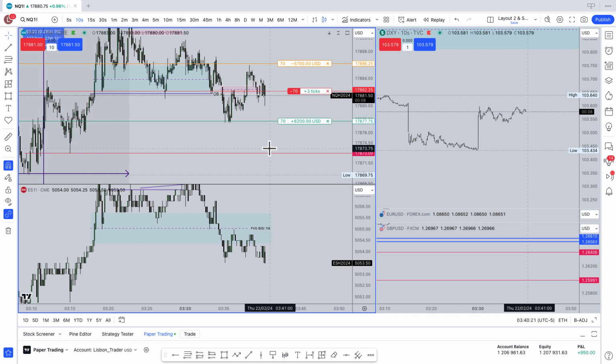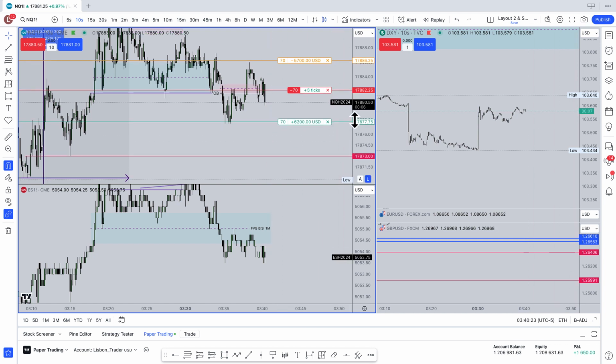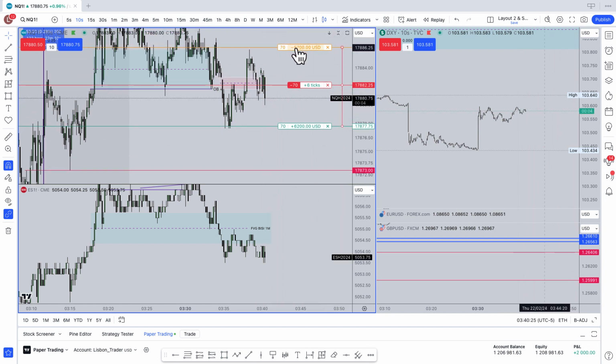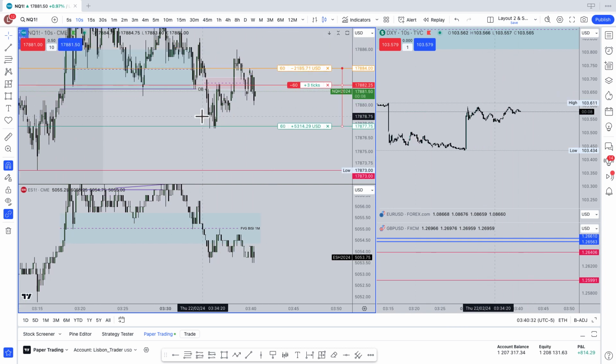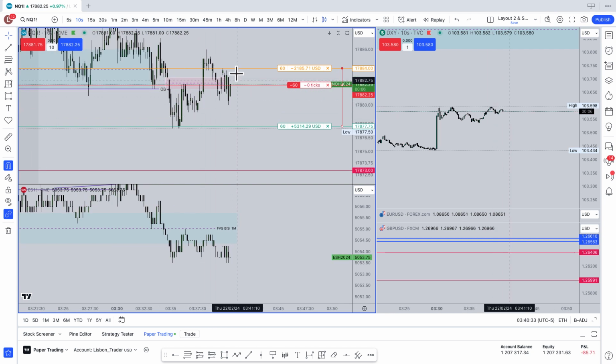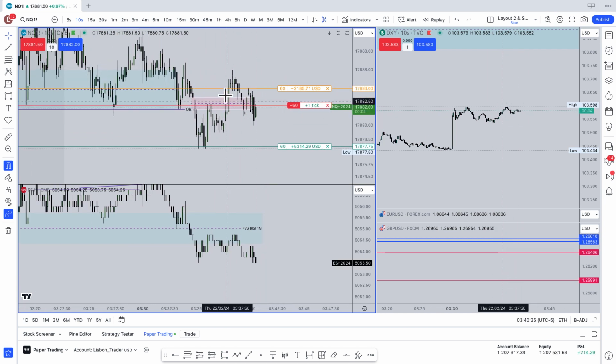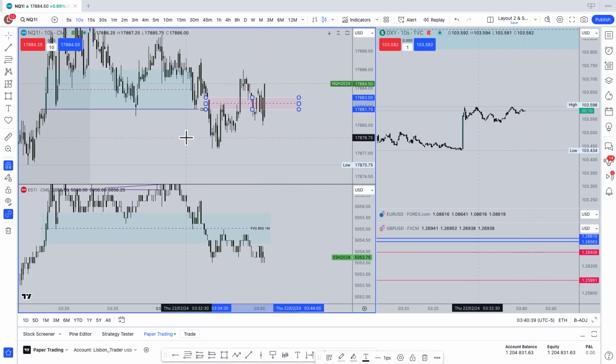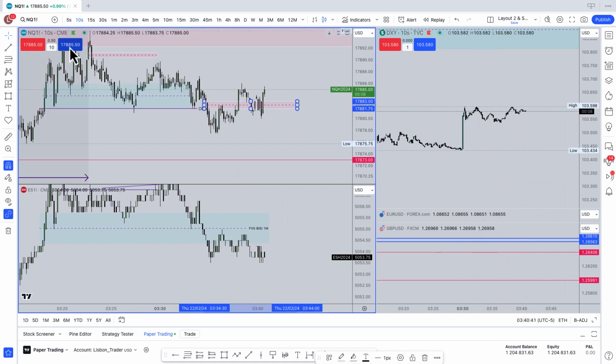So let's do it. It's coming lower now, bagging something, putting this above the order block and below this inversion. Yeah, it's too bumpy.